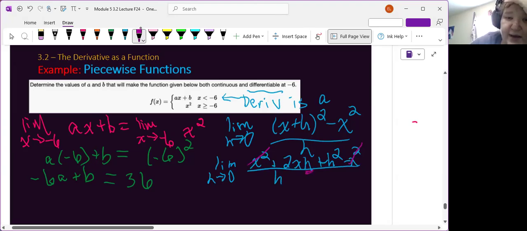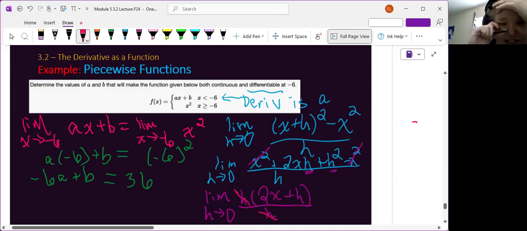We do have at least one h in the other terms. So this is now the limit as h goes to 0 of h times 2x plus h over h. The h's cancel, and now we can put 0 in place of h, and our derivative on the other side is just equal to 2x.